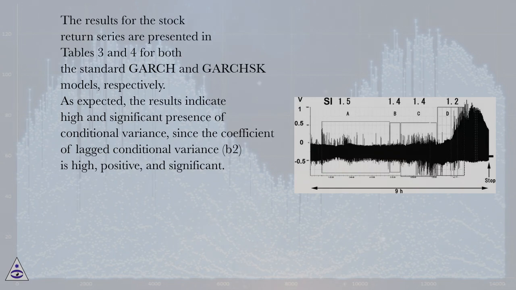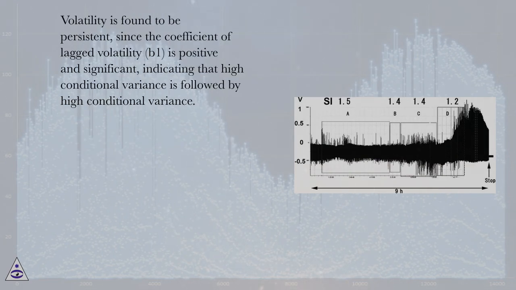The results for the stock return series are presented in tables 3 and 4 for both the standard GARCH and the time-varying models, respectively. As expected, the results indicate a high and significant presence of conditional variance, since the coefficient of lagged conditional variance, B2, is high, positive, and significant. Volatility is found to be persistent, since the coefficient of lagged volatility, B1, is positive and significant, indicating that high conditional variance is followed by high conditional variance.